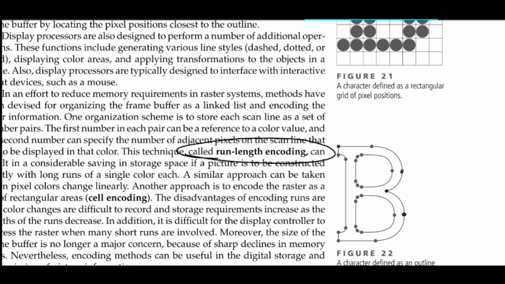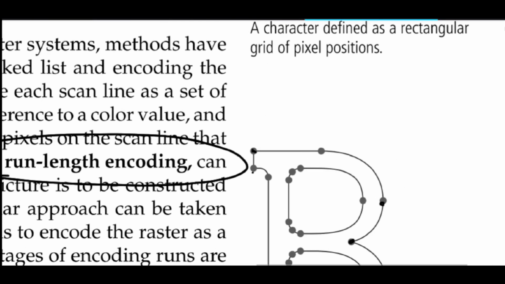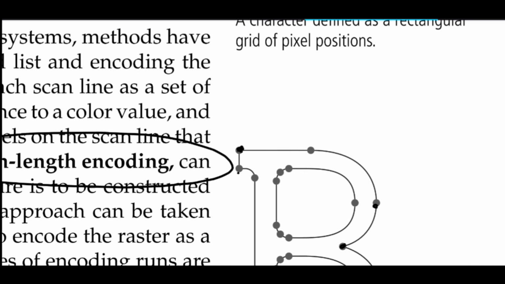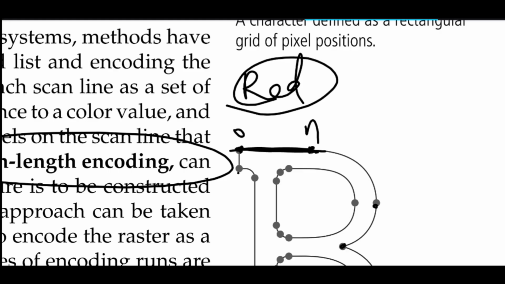Suppose from this pixel onward, all the pixels have the same common color. Then run length encoding will store that the red color continues from, say, pixel 0 to pixel n. It is a very simple encoding technique.